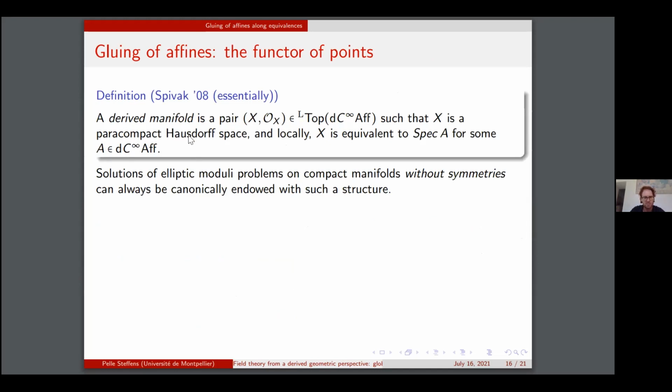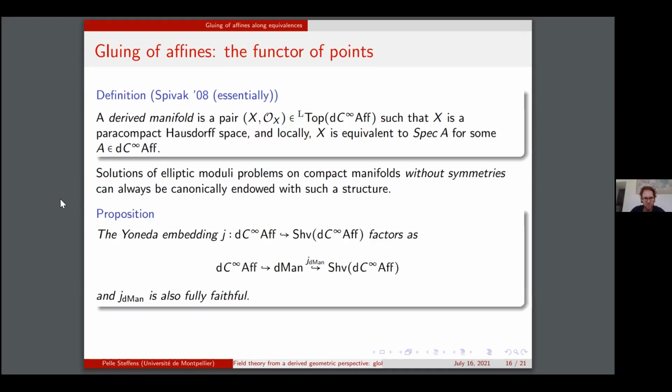You add some topological properties to your space, and then demand that locally it's equivalent to spec A for some derived C infinity affine A. And, well, as I've argued before, an elliptic moduli problem on a compact manifold without symmetries always has such a structure. And there's a slight subtlety with the statement. So, what does this mean?